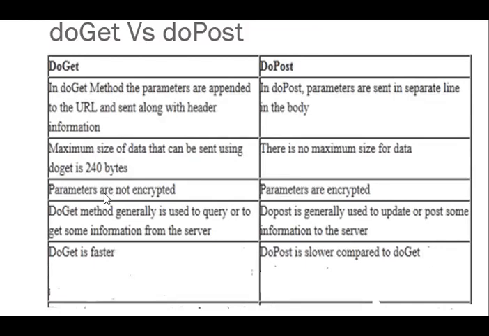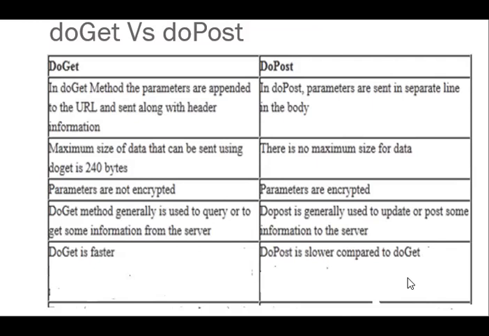Then here the parameters are not encrypted. In doPost, the parameters are encrypted. The GET method is generally used for query purposes, or to get some information from the server. Whereas the POST method is to update information or post some information onto the server. doGet is faster because no encryption is done, but POST is a bit slower compared to doGet.